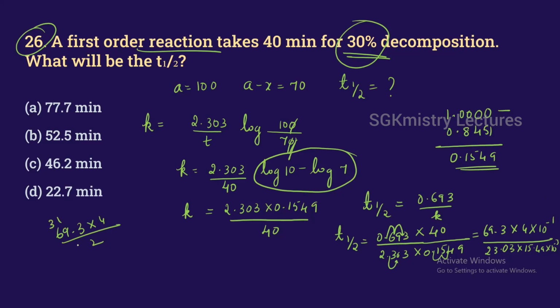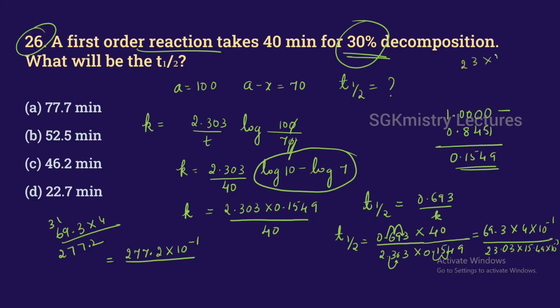Okay, 36, 37, 27. So I have 277.2 in the numerator. Let me just continue the problem here. 277.2 into 10 to the power of minus 1 divided by, in the denominator, we have 23.03 into 15.49. So again, I'll do the approximation. Let me approximate to 15.5.